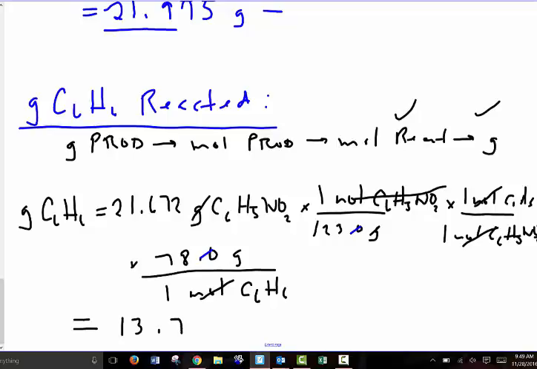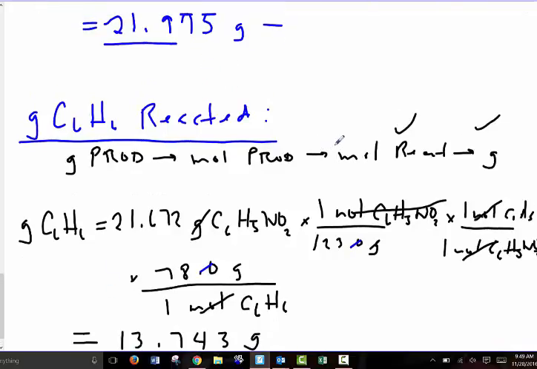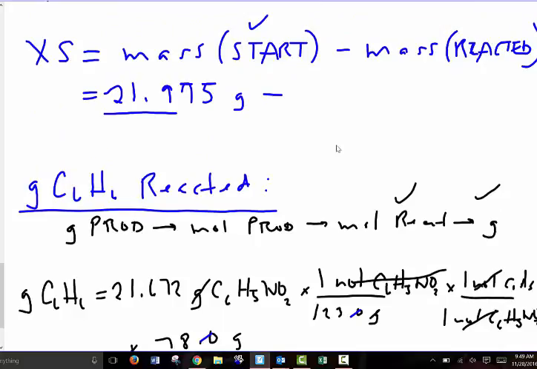Okay, and now I can go ahead and plug that answer back in up here into my calculation. So 13.743. That was the mass that I actually reacted, 3 sig figs. And so my answer, I do this subtraction, it comes out to be 8.232 grams.